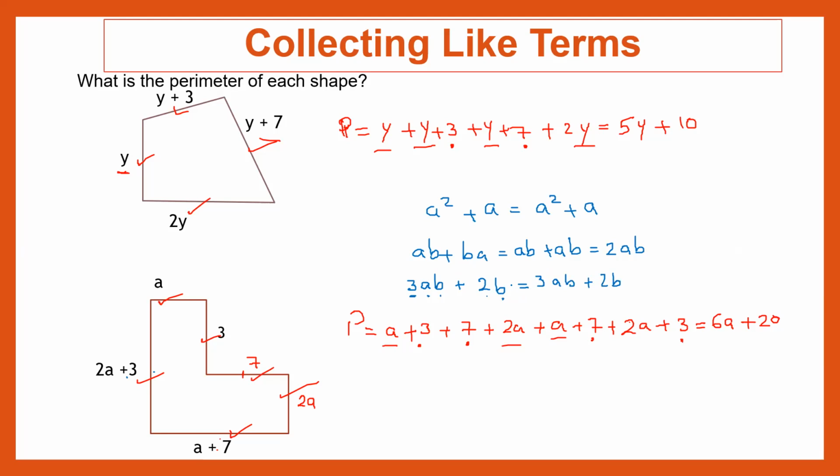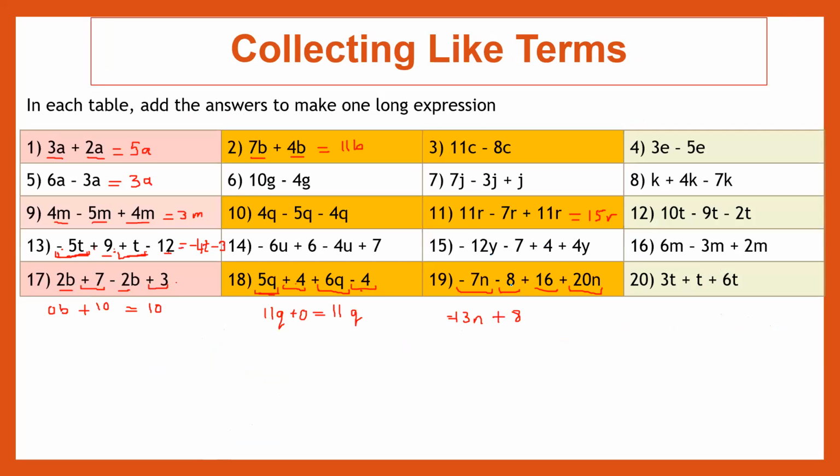Okay? Now, for us to have two terms and say that these two terms are the same, the numbers have to be multiplied by the same variable as we had in the slide before.